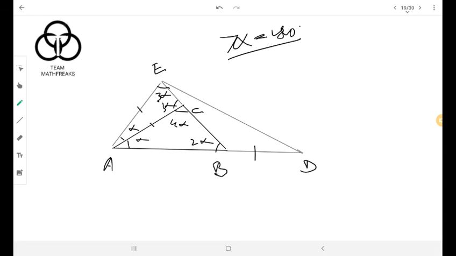Is it clear? Then this is twice alpha, this is thrice alpha. This angle is 5 alpha. Is it clear or not? Replying back is how I understand that you're understanding.